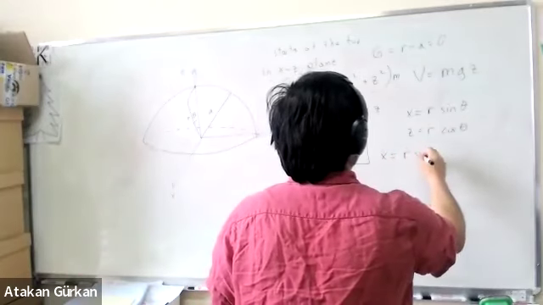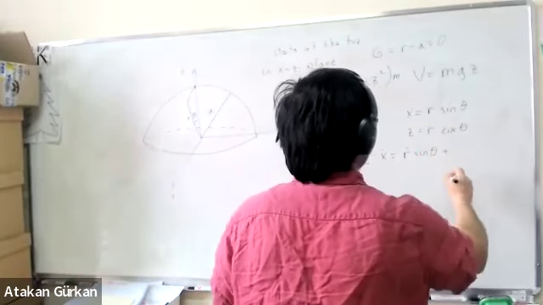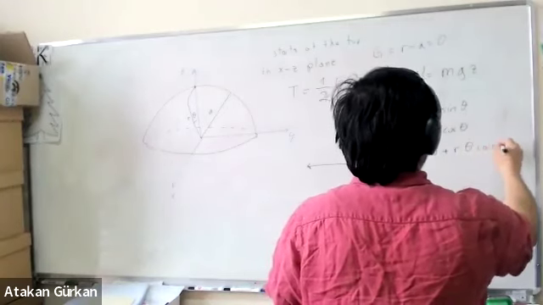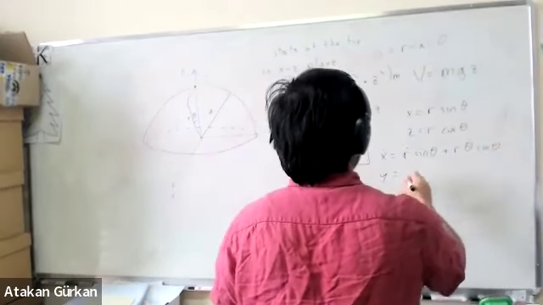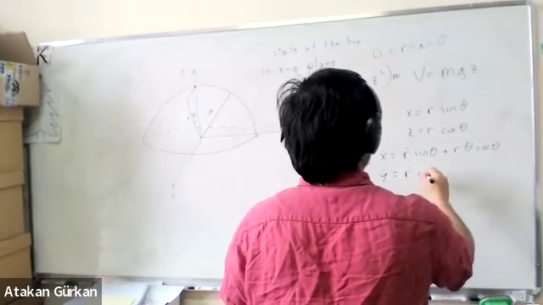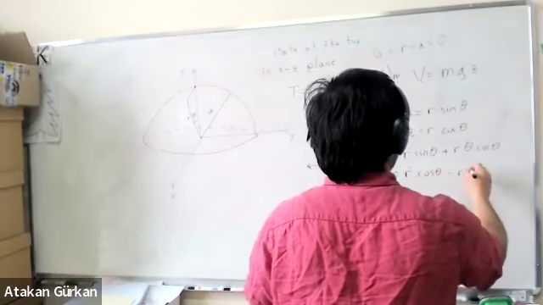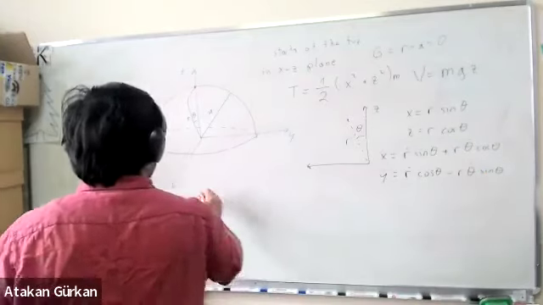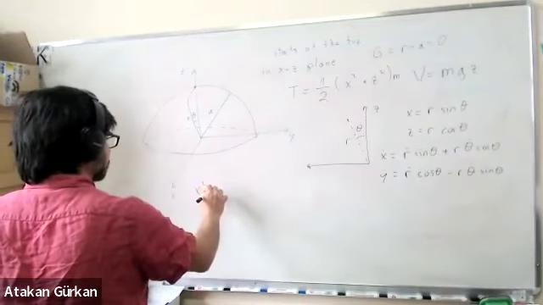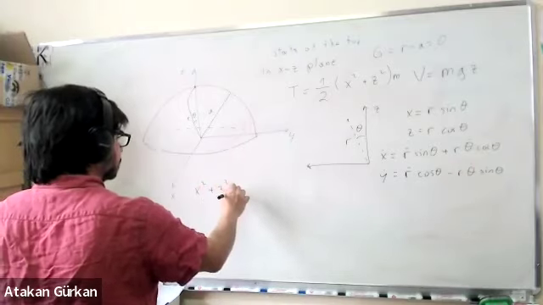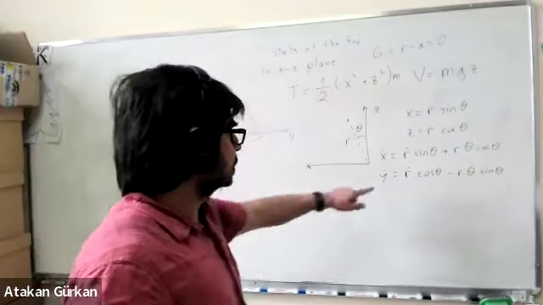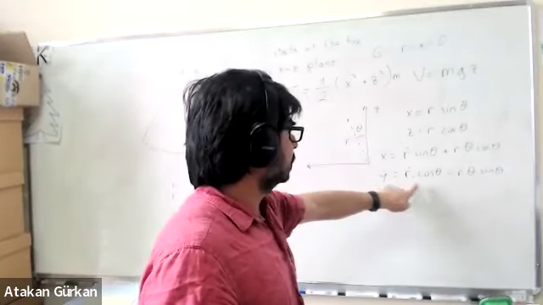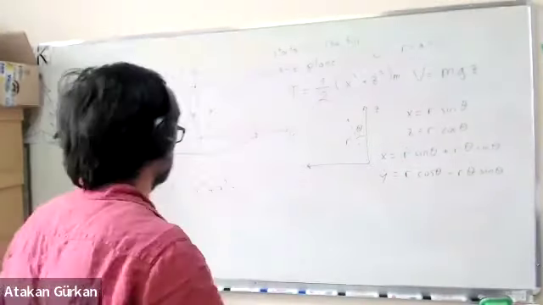So x dot is going to be r dot sine theta plus r theta dot cosine theta, and z dot is going to be r dot cosine theta minus r theta dot sine theta. So I'm going to calculate x dot square plus z dot square. So this is going to introduce an r dot square sine square theta, r dot square cosine square theta. I add those up, I get r dot square.